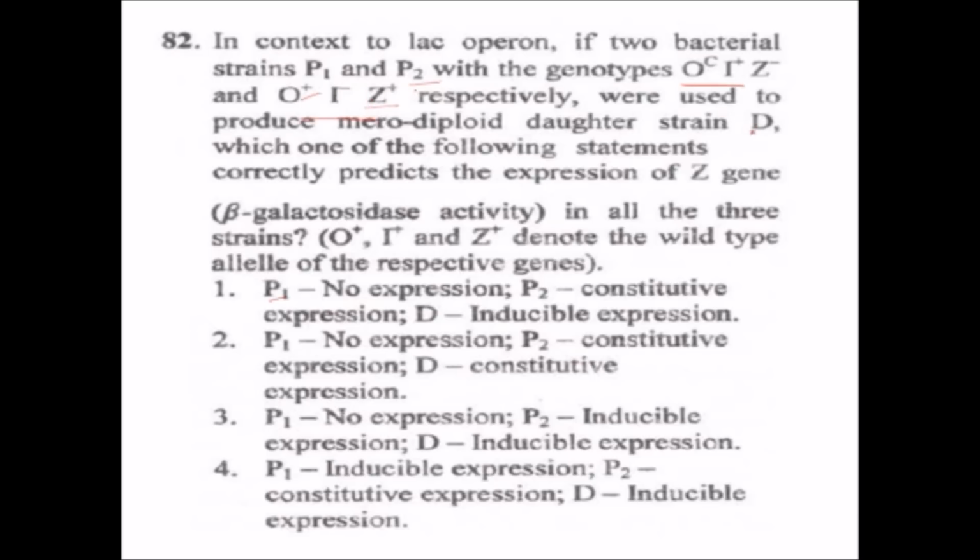So D can express the beta-galactosidase activity when there is induction by the inducer or the operator functions with Z as positive. So it will be inducible expression. As per this, the option will be 1, where P1 has no expression, P2 has constitutive expression, and D has inducible expression.